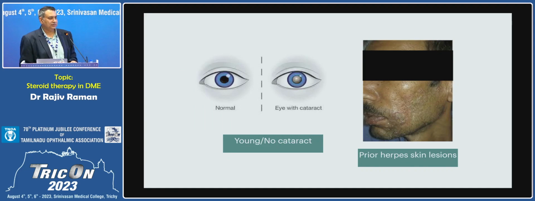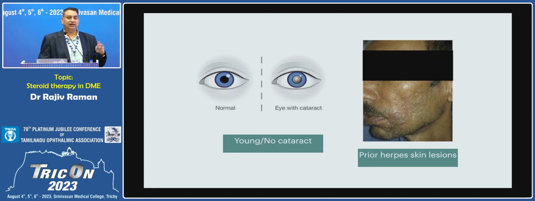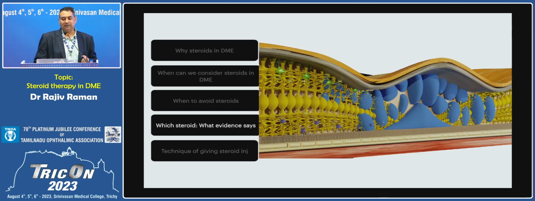In young patients, we do see many times now young people with diabetes having macular edema, with a clear lens, you try to avoid it. And this is one of them which I had: though it's a local immunosuppression, if there was prior herpetic infection, there can be reactivation. So don't only look into the eye, but the surrounding face too.